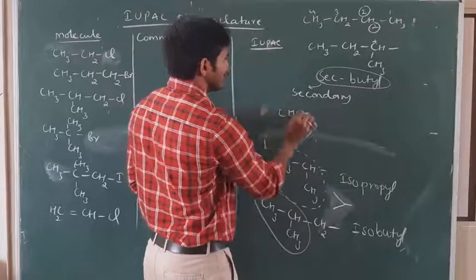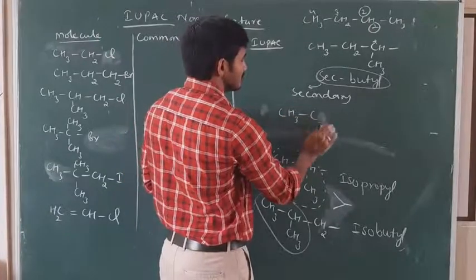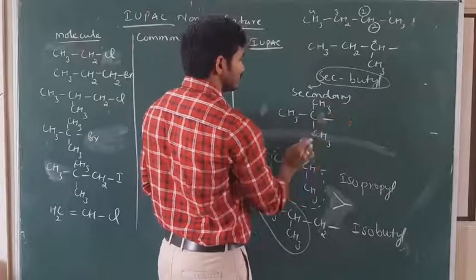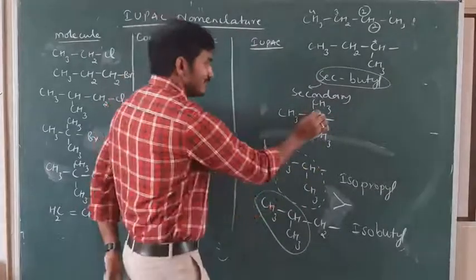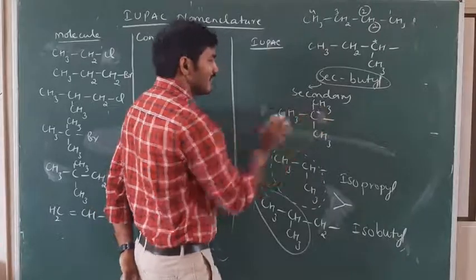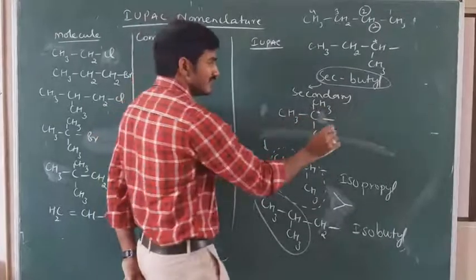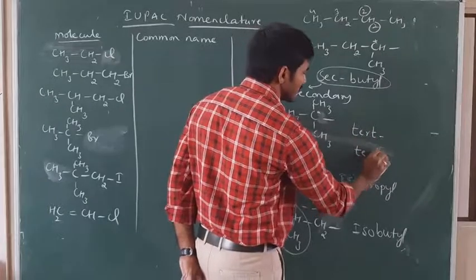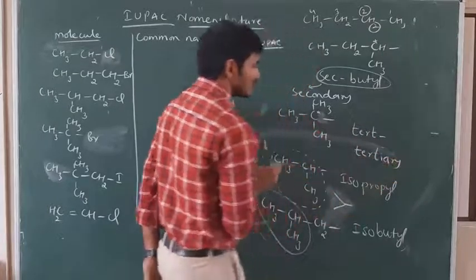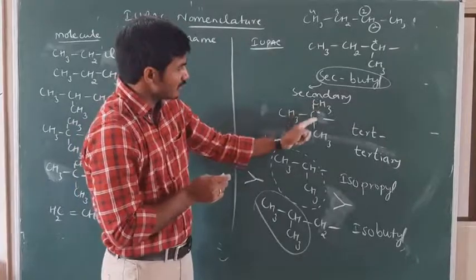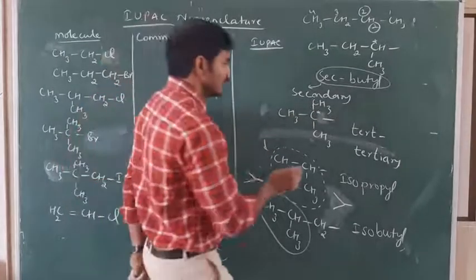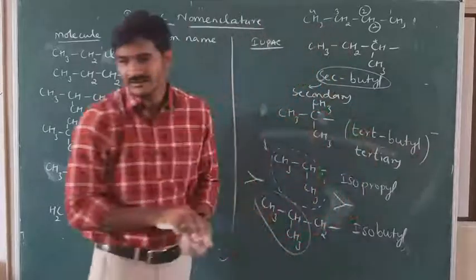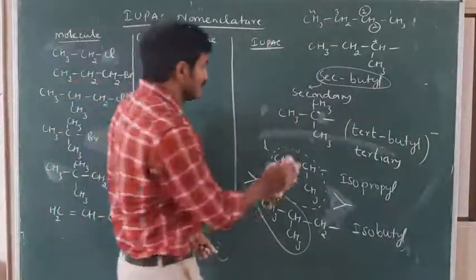Similarly, consider CH3, C, CH3, CH3. This carbon does not have any hydrogens, so this carbon is said to be tertiary. TERT stands for tertiary, the short form. In total how many carbons are there? 4. So tertiary butyl. This is important terminology you have to remember.